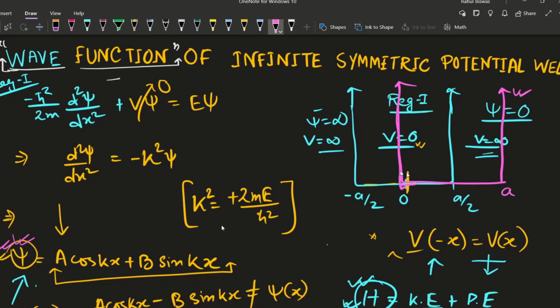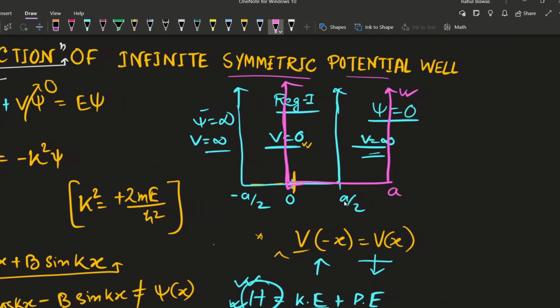Now our current symmetric potential well is just a shifted version of the asymmetric one, right? So we can think that the wave function of our symmetric potential will just be a shifted version of the asymmetric one. In the asymmetric one, the wave function was root over 2 by a sine n pi x over a.